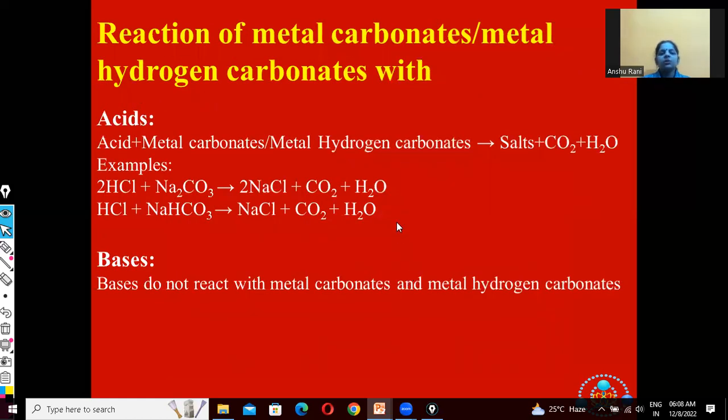Then we have reactions of metal carbonates and metal hydrogen carbonates with acids. First, we take sodium carbonate and react it with HCl. Let's see how we can learn this reaction. Write it this way: we have Na2CO3.